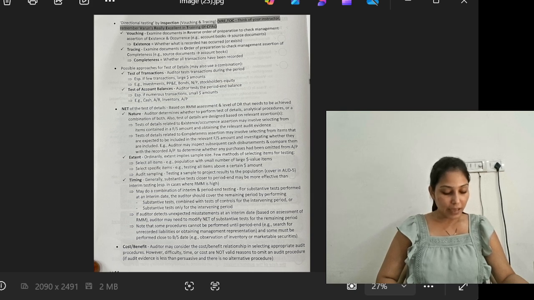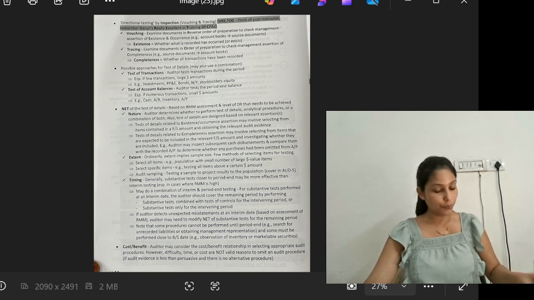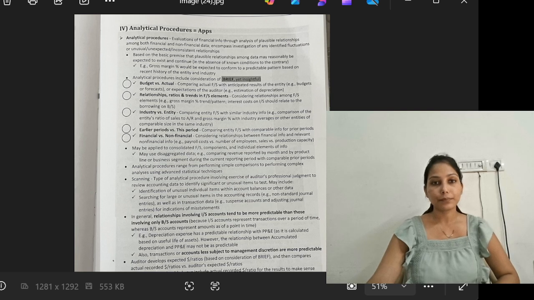However, difficulty, time, or cost are not a valid reason to omit an audit procedure. So this is very simple. The auditor should use professional judgment to determine the cost and benefit. Timing should not be part of determining the cost.